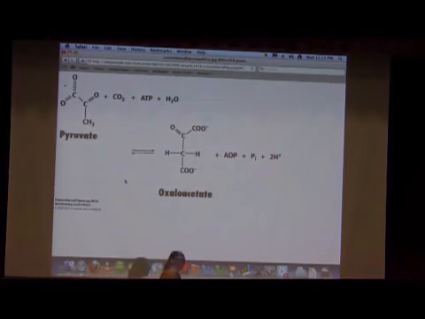Well, it turns out that pyruvate normally is dumped in the mitochondrion anyway after glycolysis, and the reason is that's the place where acetyl-CoA is made from pyruvate. So there's plenty of pyruvate floating around in the mitochondrion. That's not a problem. And there's also pyruvate carboxylase floating around in the mitochondrion as well.